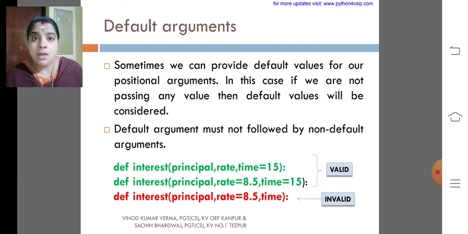That is why I told you to give the default values from the right side, not from the left side or in between. So when you try to give a default value in the middle argument, the interpreter shows an error. It is an invalid statement.